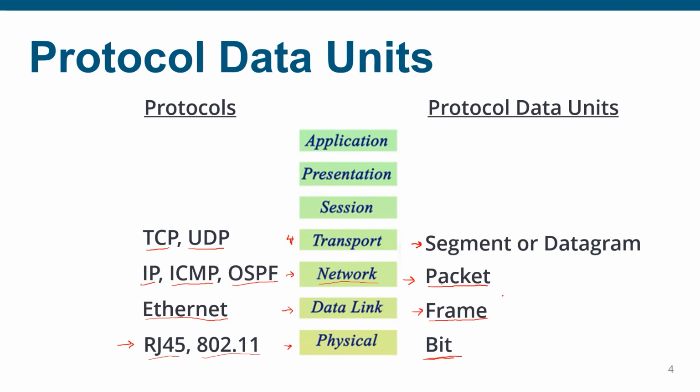It's actually different given which protocol you're using. We have TCP segments and UDP datagrams. We'll talk more about that when we talk about connection-oriented versus connectionless protocols a little later in this section.